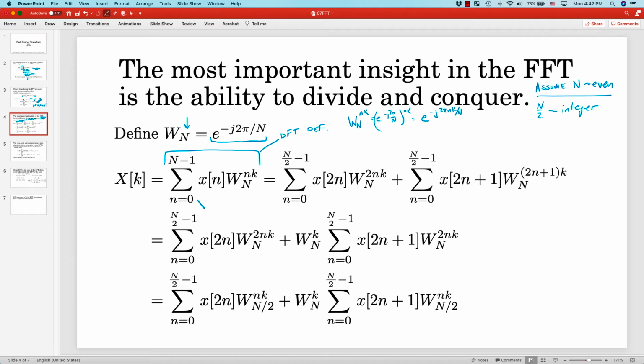And since this summation is an even number in length, we can divide up the sum into the even terms, or the terms that lie on an even index, really, is what I meant. Even indices and odd indices. And then note that the sums are running to half of their previous values.